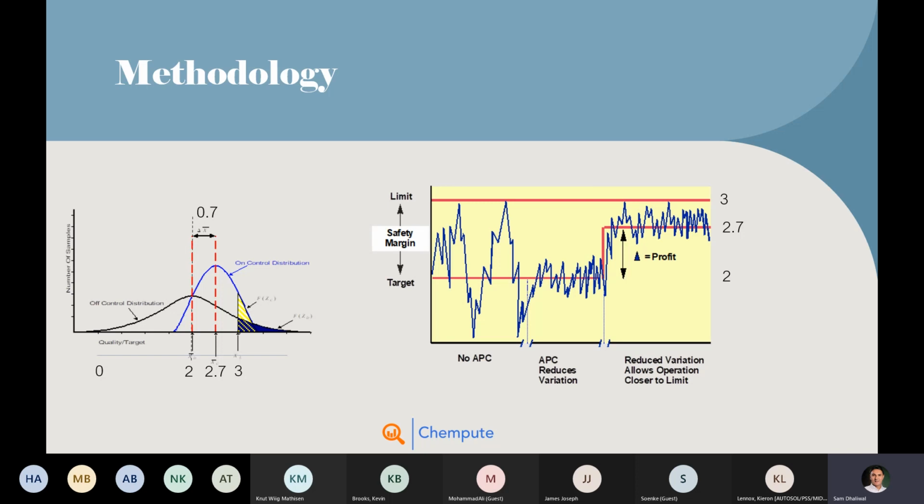I mean, that's basically what it comes down to. But obviously within the specified parameters that have been set by the quality, which means that you're still within 3% maximum. So this is a fairly typical way how APC can help you generate benefits, and the calculations are based on this principle.